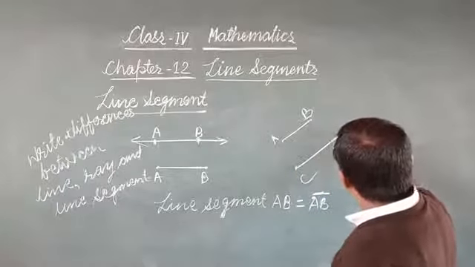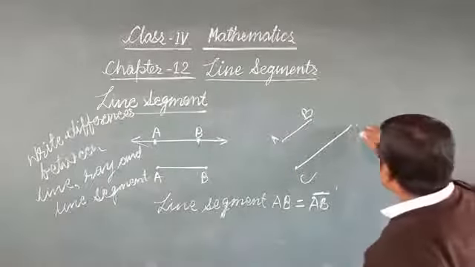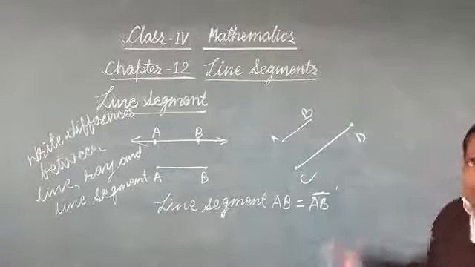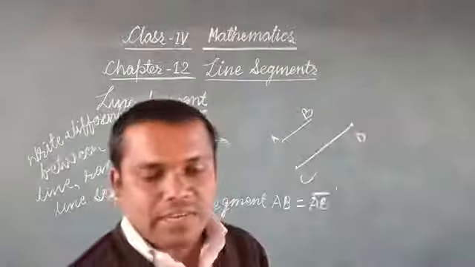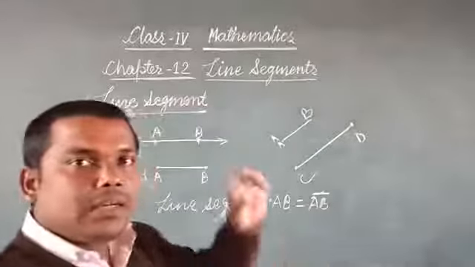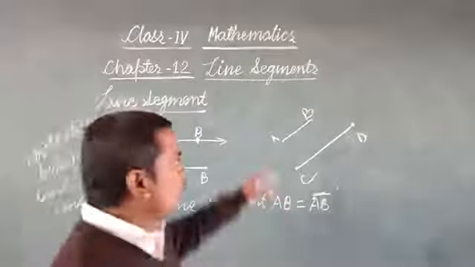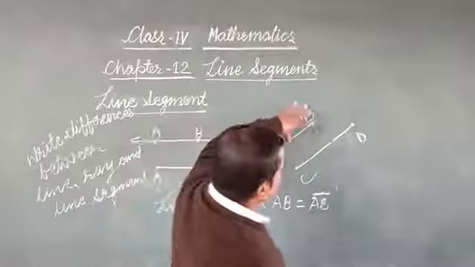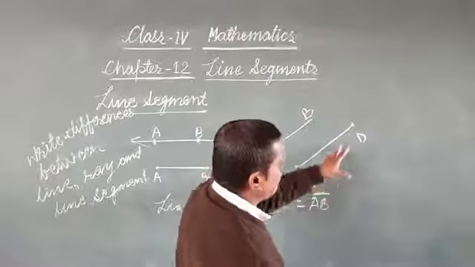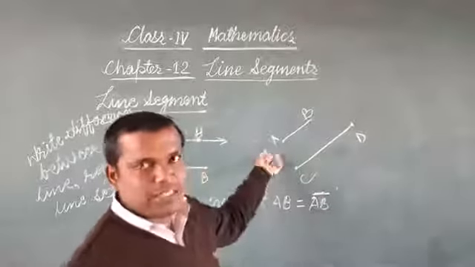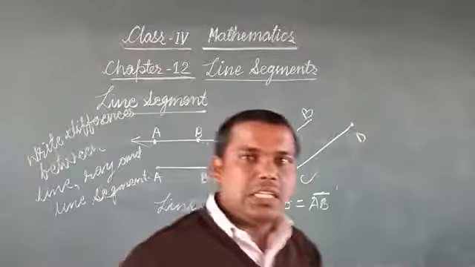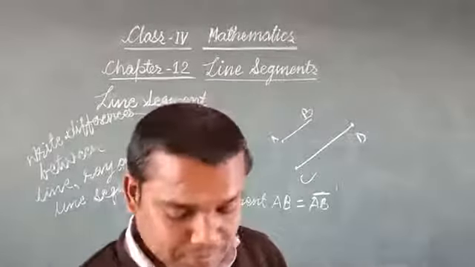You can easily compare these 2 line segments by seeing, or if it is difficult, then you have a divider in the instrument box. You open it, you measure here and you keep here. You will find surely this line segment is greater than this line segment. By this way you can easily compare the given line segments.